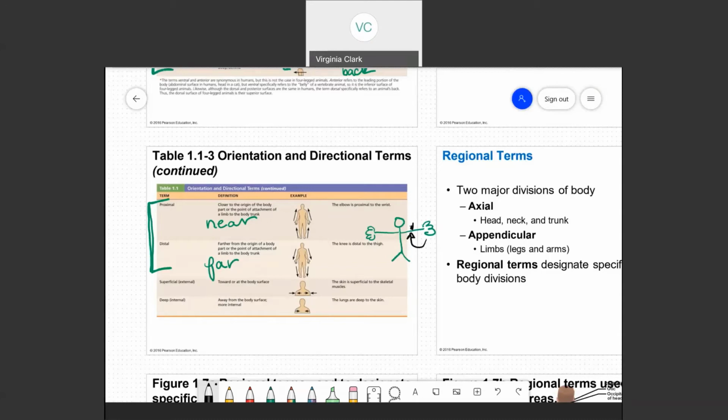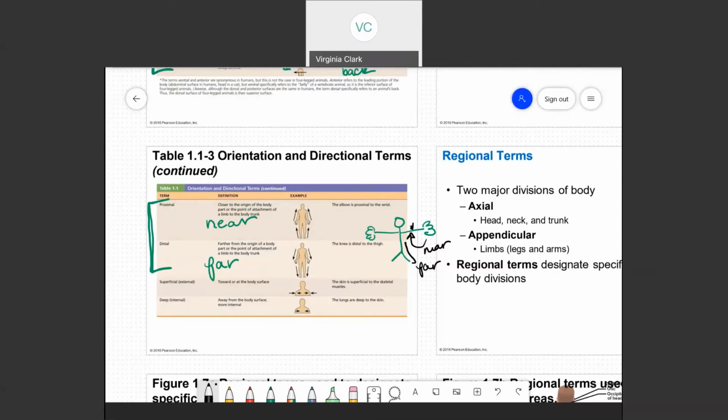Your hand is near. Your foot is far. So your foot is distal from your elbow. So it is farther away. They're very interesting, but as you go, you'll kind of understand how those two work.